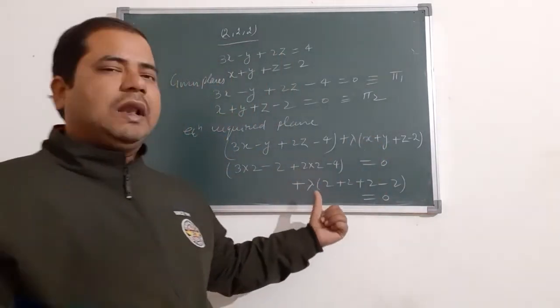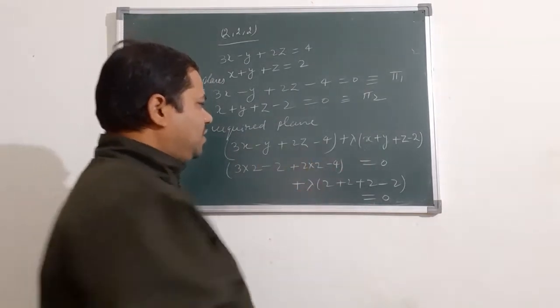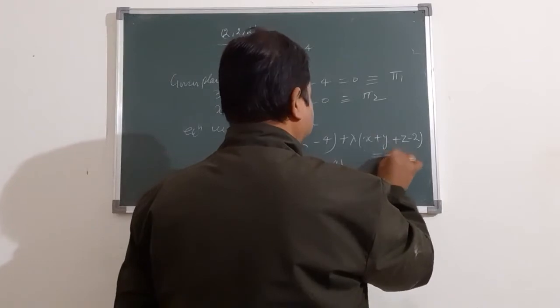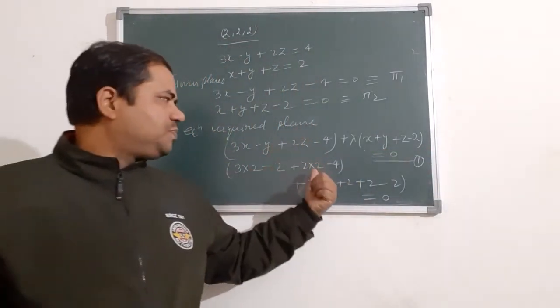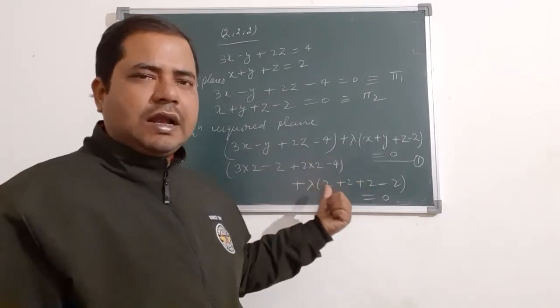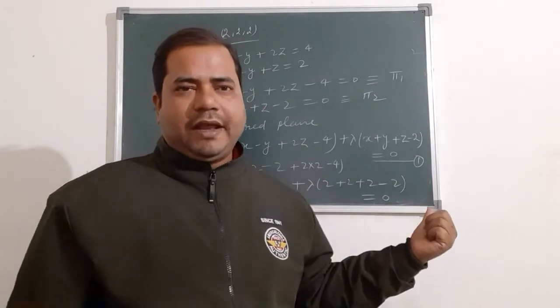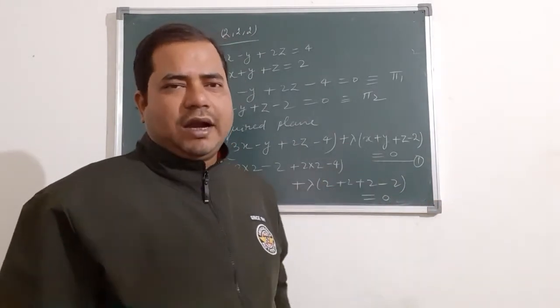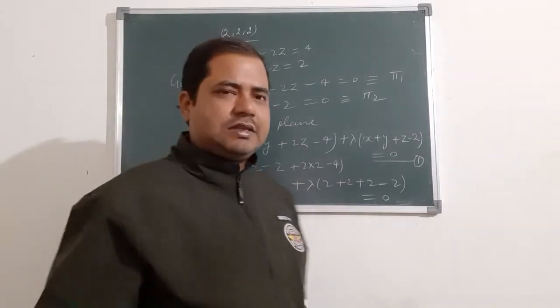From this you will get the value of lambda and put it in equation number 1. You will get the required plane. That is the equation of the required plane. So solve it. Afterwards some more questions we can see.